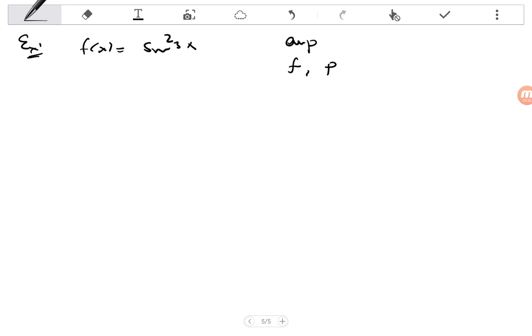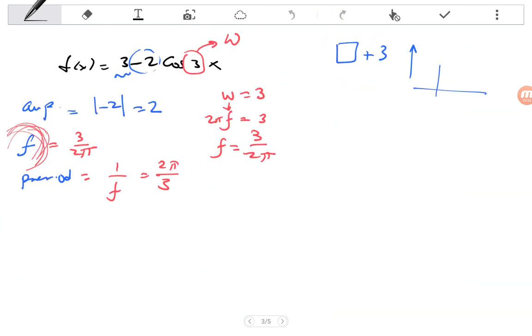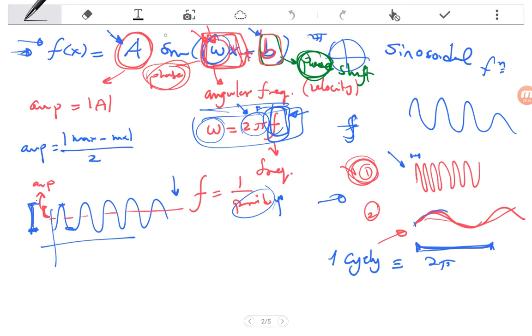Now remember, each of the characteristics that I've taught you, the amplitude, frequency, and the period, were calculated in an expression which for the sine is power 1. Any change in the power changes all of these values.